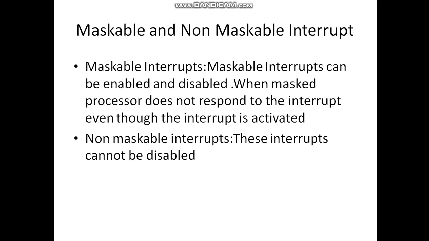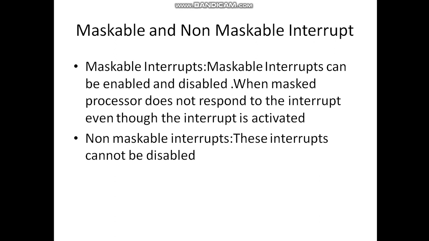The next classification is maskable and non-maskable interrupts. Maskable interrupts are the interrupts which can be masked, that means they can be disabled. Now the question is, what happens if an interrupt that is masked occurs in the program?